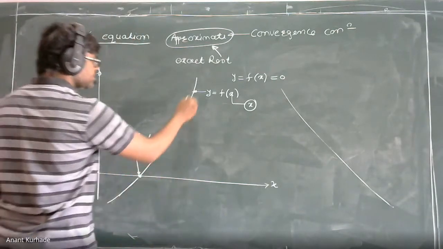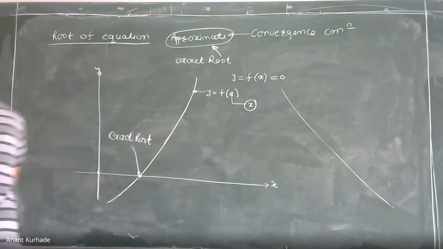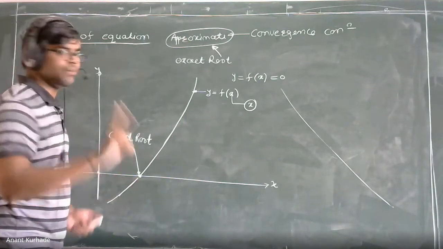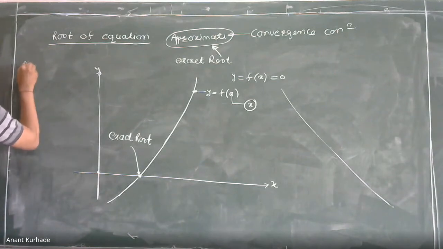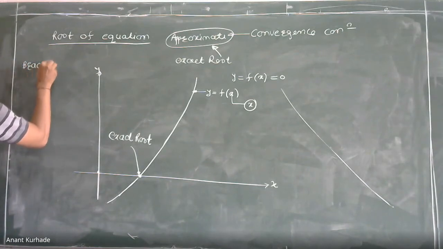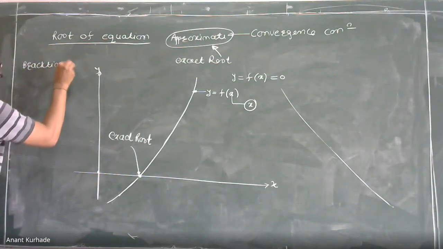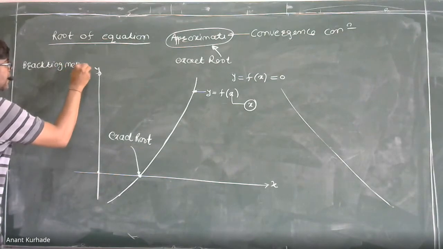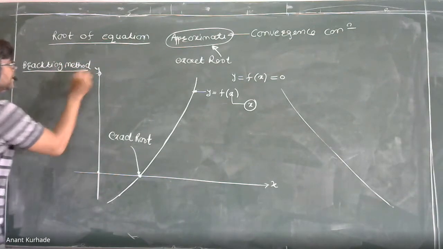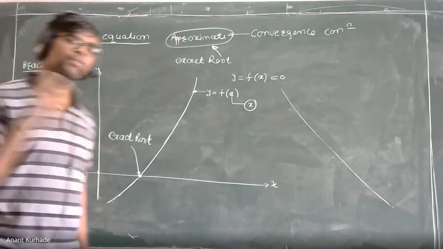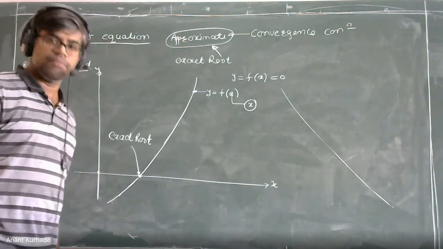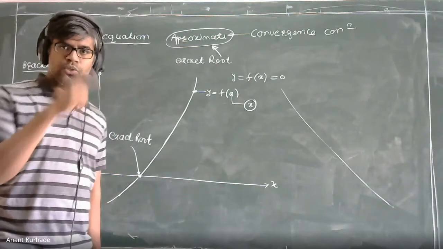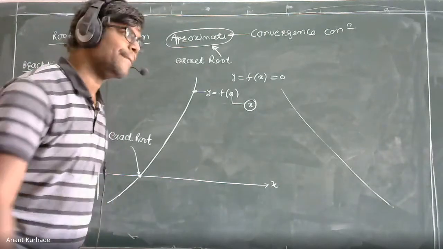Now see. We have already discussed two methods, bracketing and open. So I am explaining the bracketing method. In the syllabus, they have given two methods: one is the bisection method and one is the regula falsi method, or another name we can say is the false position method.